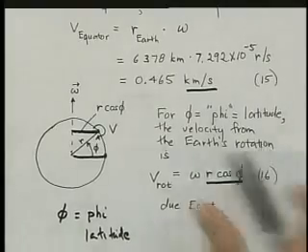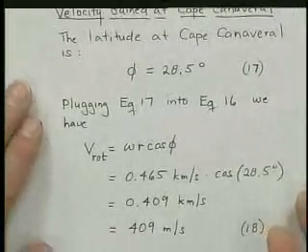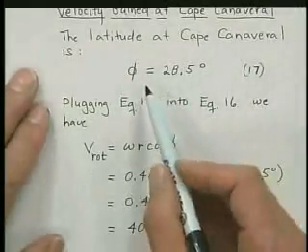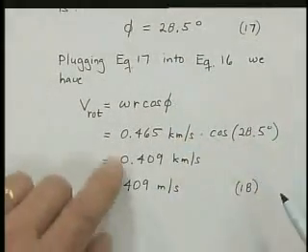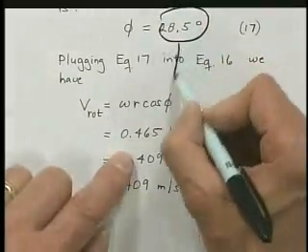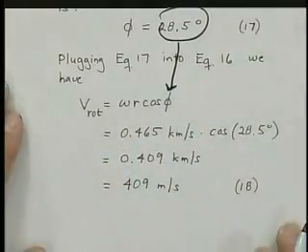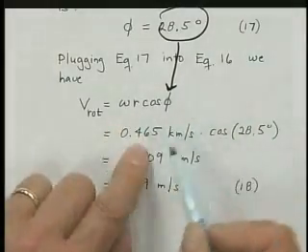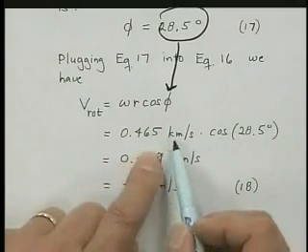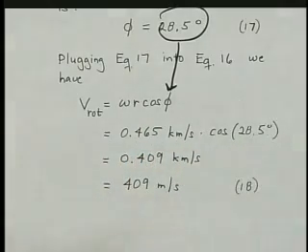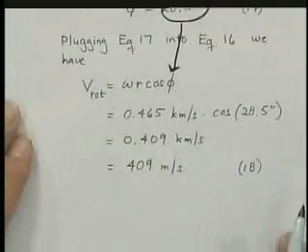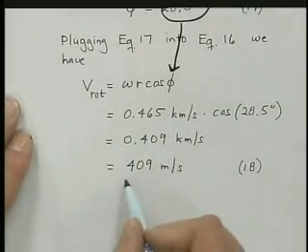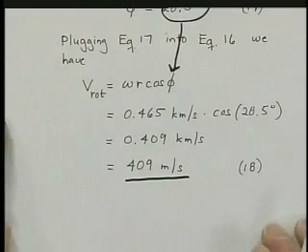How much do we actually get? Let's do that calculation. The velocity gained at Cape Canaveral is taking the latitude of phi equals 28.5 degrees and plugging it into our formula. We already computed omega times R, which is 0.465. And now we just take cosine 28.5. And so this comes down to 0.409 kilometers per second, or 409 meters per second.